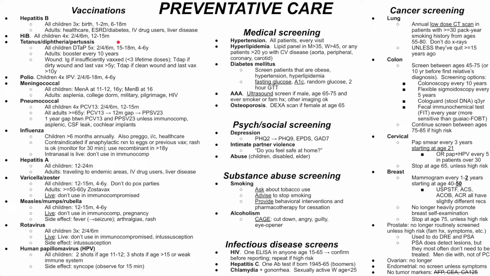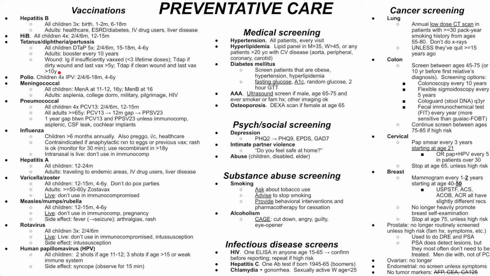If the person comes in with a wound that is dirty, a dirty wound is something that breaks skin, that they got on rust or another person's fingernail, something from metal, just generally a dirty wound, and their last vaccine was more than 5 years ago, you want to give them a booster shot that day. You want to give them a Tdap that day. If the wound is clean, like it doesn't really break much more than the skin and it was on a relatively clean surface, they can be fine without a Tdap booster unless their last vaccine was more than 10 years ago.